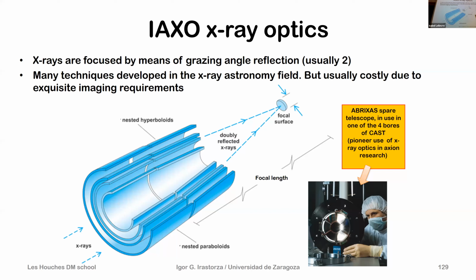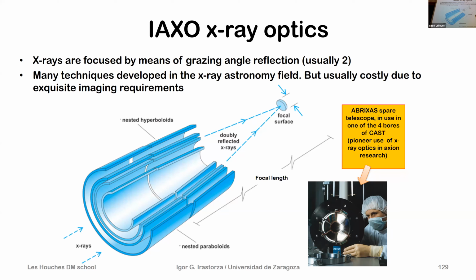So these are exquisite pieces of equipment built with very high precision, and at the same time very robust because they are usually sent into space for these X-ray telescopes. At the end, the result is that these X-rays are focused much like with a lens, and they go to the focal spot.